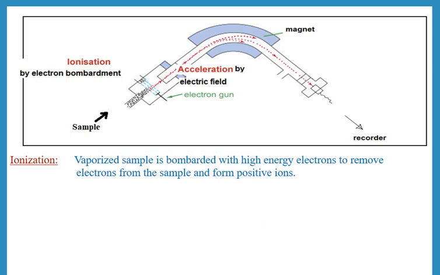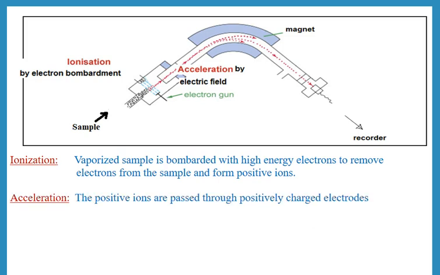What happens there is acceleration of the positive ions. So the positive ions are passed through positively charged electrodes. These create an electric field, and this causes acceleration of the positive ions. Remember that acceleration means that the positive ions start to move very quickly or move faster.